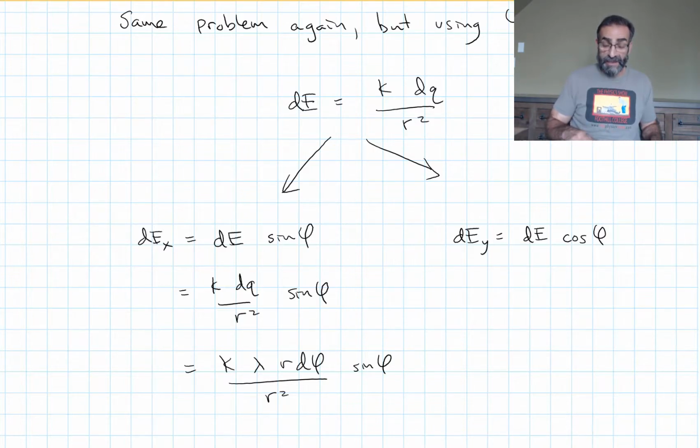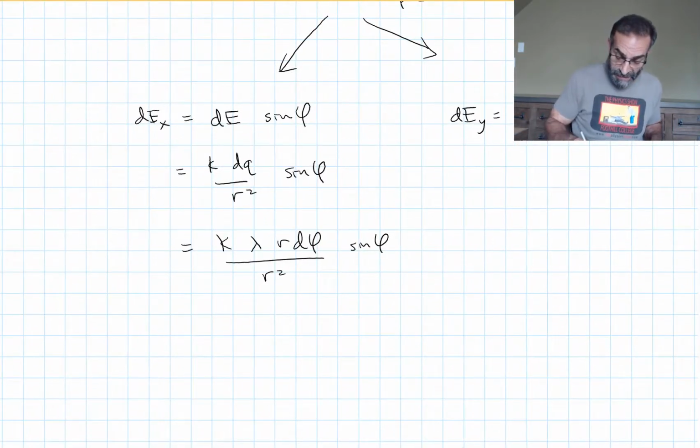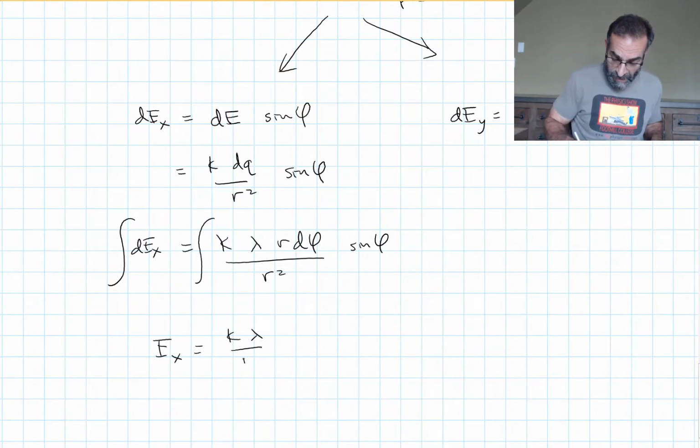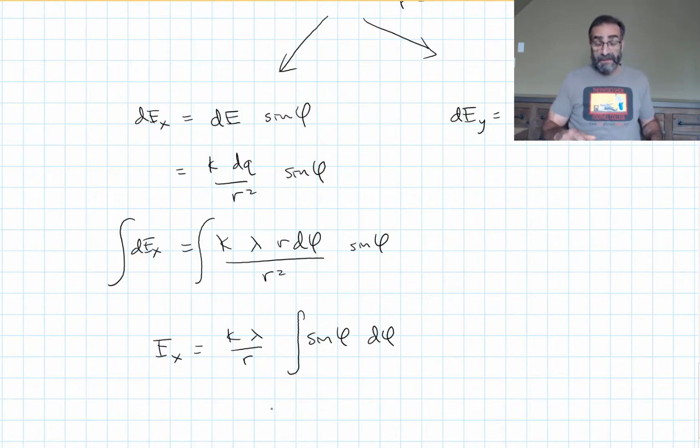The only variable I have is my angle, and I can just leave it the way it is. So I get, integrating both sides, my x component is k lambda over r, the integral of sine phi d phi. Now, the limits of integration are different this time.